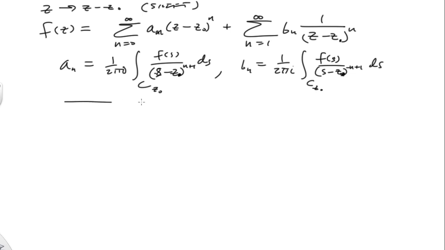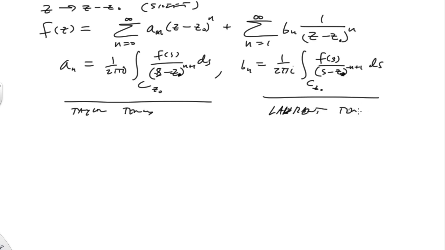So now again, these are the Taylor-like terms, and these are the Laurent terms. You can call them whatever you like, but there they are. These represent the singularities, and that z naught represents that point of non-analyticity.